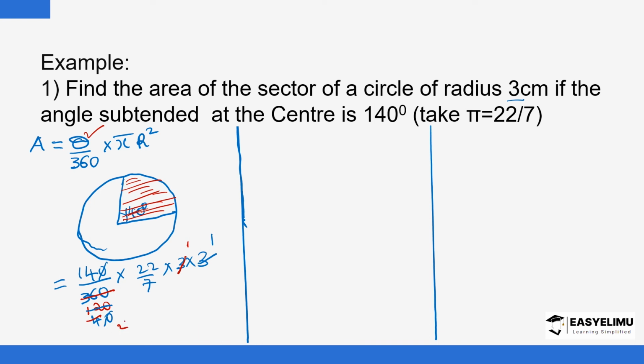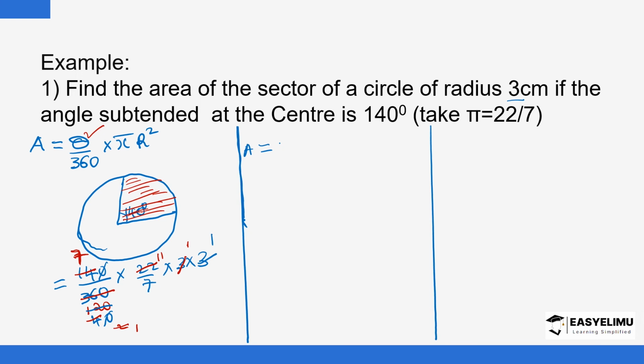2 goes into 4 2 times, and 2 goes into 22, 11 times. Again, 2 here once, and 2 goes into 14, 7 times. And so what I have is 7 by 11.